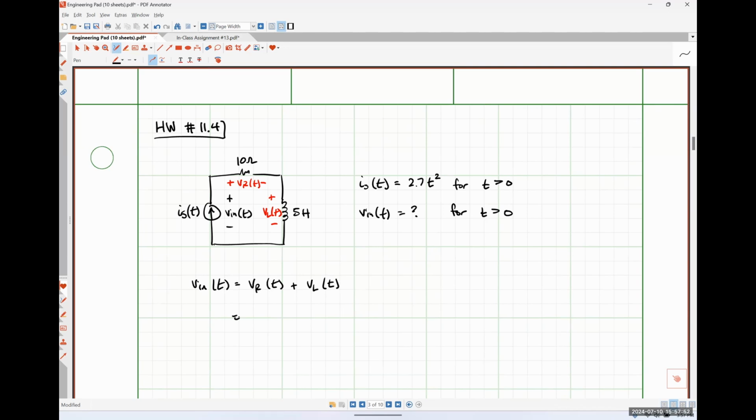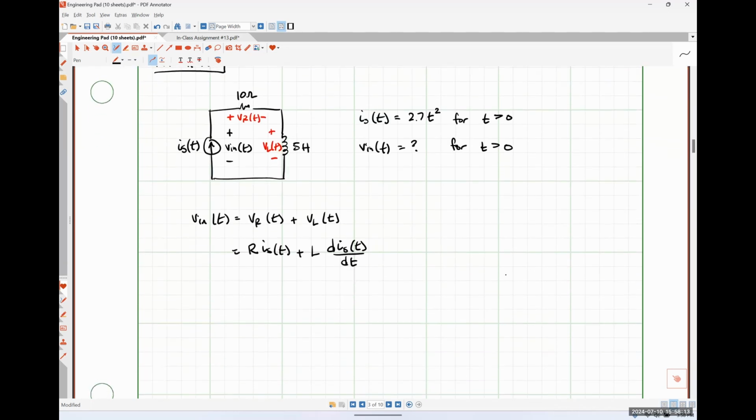Using Ohm's law, VR is just our resistor times Is of t. And using our first equation for inductors, the voltage drop across our inductor will be L times dIs by dt.